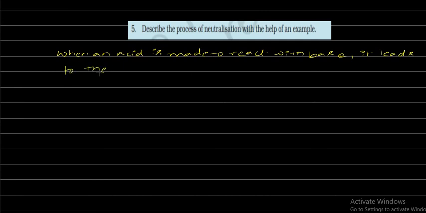See how you can define neutralization. You can write like this: when an acid is made to react with a base, it leads to the production of salt and water with evolution of heat.